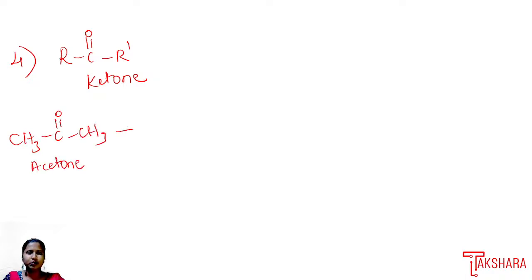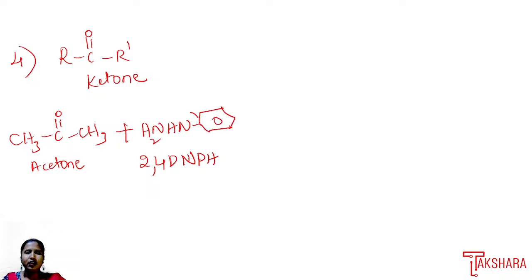Acetone as a reactant molecule is treated with 2,4-DNPH. When we take 2,4-DNPH as the reagent, let us write the structure: NH2NH, then benzene ring, and NO2 attached at the second and fourth positions.